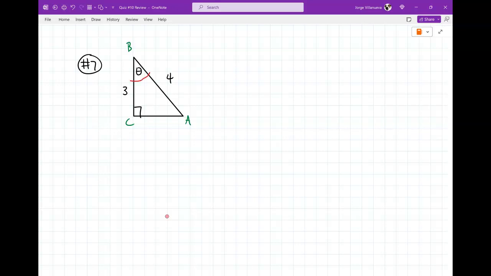What is 3? Adjacent side, right? What is 4? That's A and H, so that's cosine, right? Cosine theta equals A over H. So A is 3, H is 4, so cosine theta equals 3 over 4.